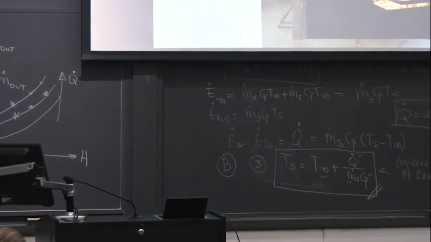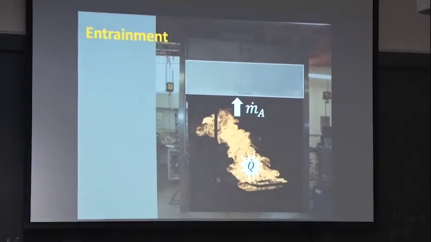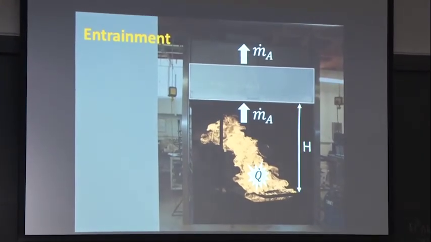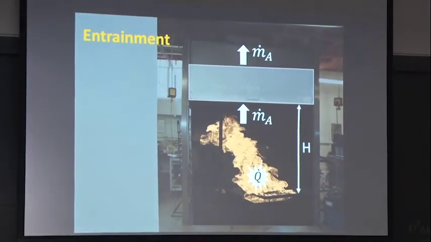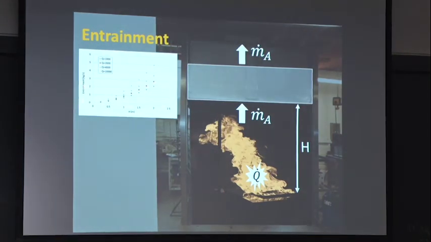So if you look at it, effectively, for every heat release rate, they accumulate the smoke layer. You have M in equals M out, and you get a height. Okay, that's the experiment, and you collect the data, and this is what you get for the data. This is the height, this is the entrainment, and this is effectively all the data for different values of the heat release rate. Exactly what I did here. Is that okay?